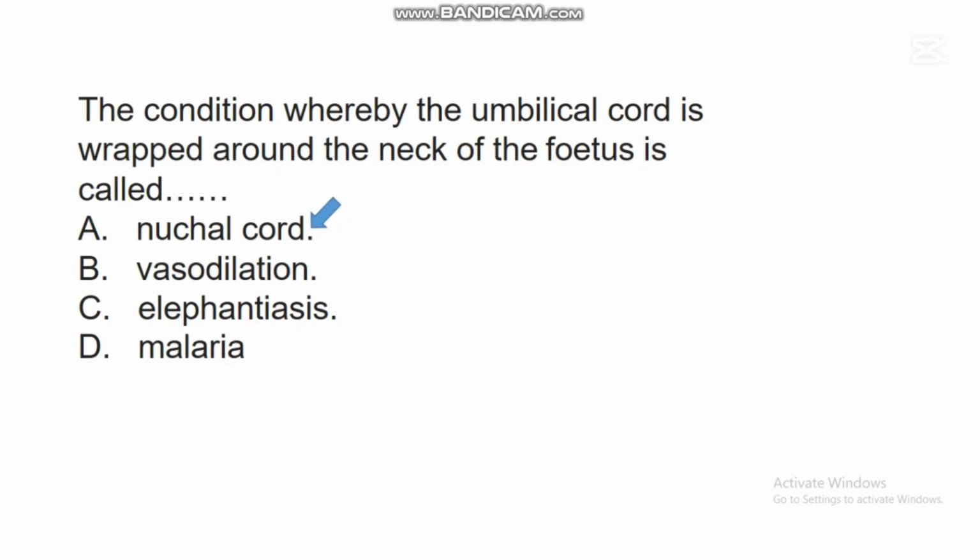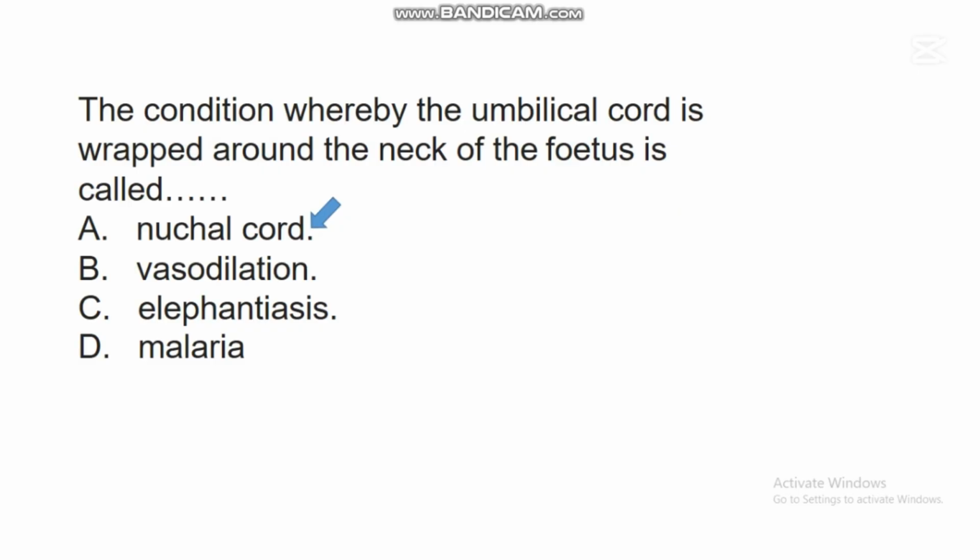Research has shown that there are some pregnancies where this issue occurs. Some fetuses will develop, and the next thing is that the umbilical cord will wrap around the neck of that fetus. It's one of the things that scientists observe in pregnancy, but it does not occur all the time, but it occurs in some women.